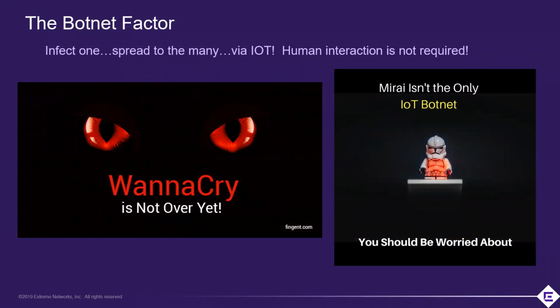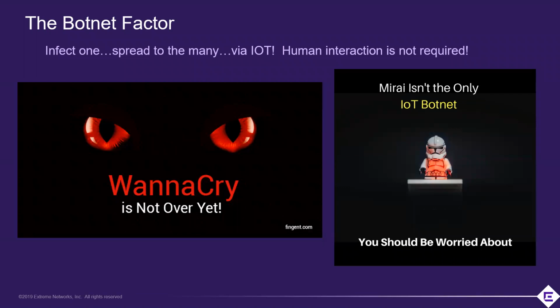Now, the botnet factor. Again, I said WannaCry is not over yet. It is not something that passed. It actually is being morphed and will morph, just like all malware in the future. Mirai is also not the only botnet you should be worried about. But I'm going to focus on these two here because it's an interesting phenomenon.